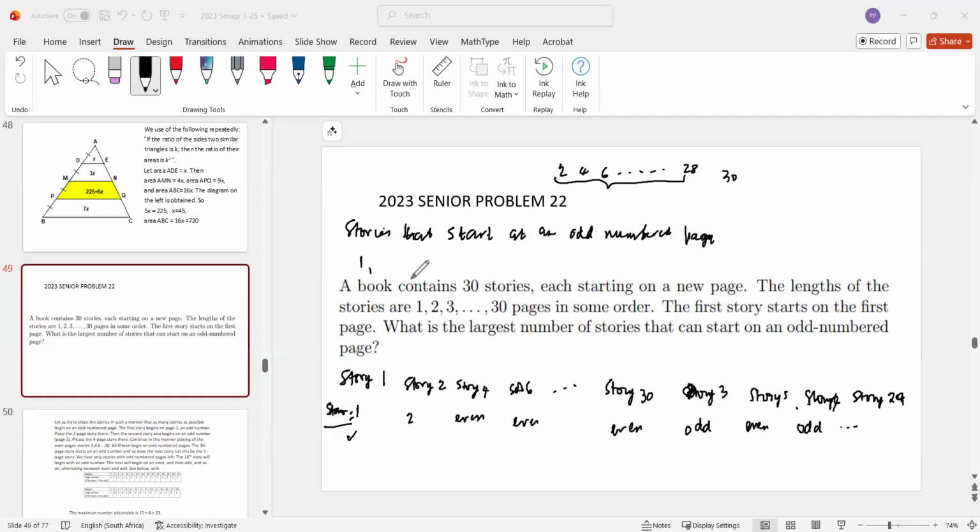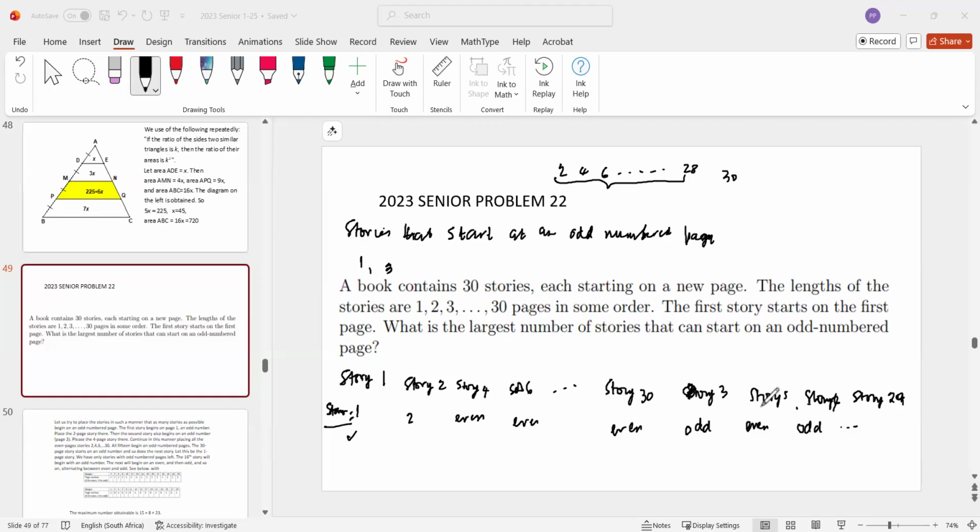Okay, firstly, one certainly qualifies. All these are even. Then you got story 30, and then I said story 3. Story 3, I got even plus an odd.